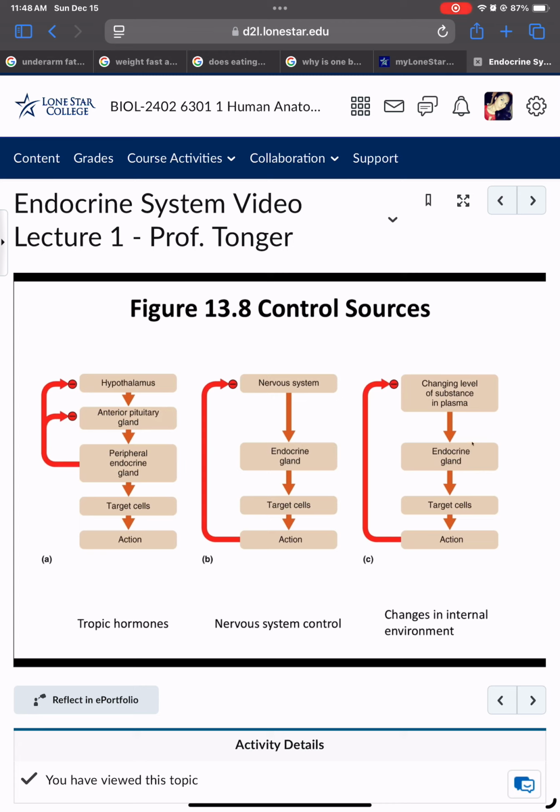It'll be your pancreas, which releases a hormone, for example insulin, so that the glucose level can be brought down. So basically there are three different ways. One is that a hormone itself can stimulate the gland, second is the nervous system, and third is changing levels of substances in the blood plasma, which stimulate the gland to secrete hormones.